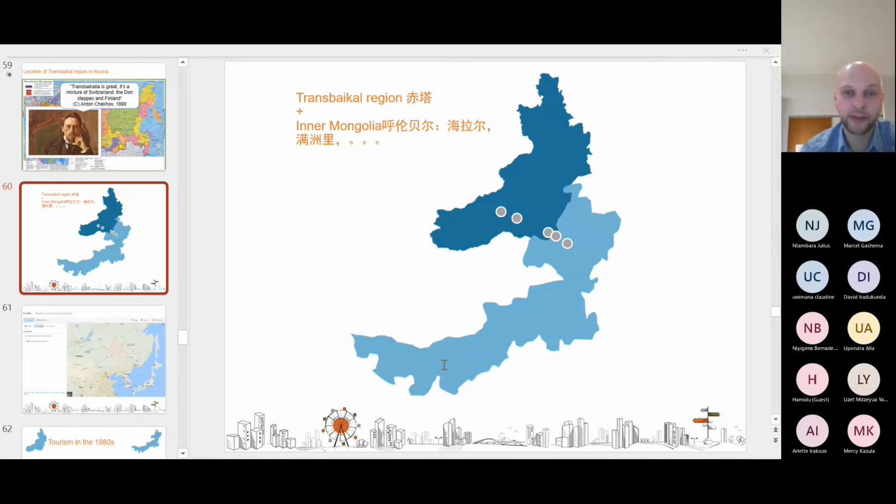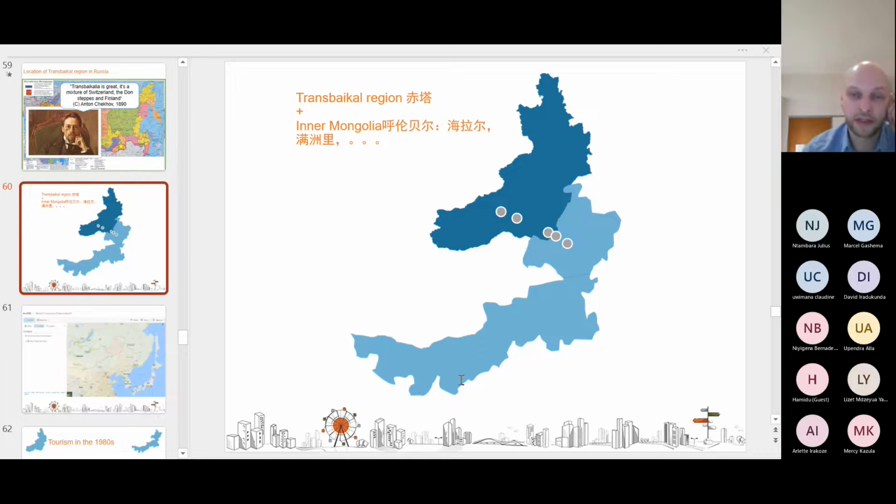Also, one more fact about the Transbaikal region. Can you imagine, from 1920 to 1922, Chita was the capital of an independent country called the Far Eastern Republic. It was a sovereign and independent state located between Japan and the Soviet Union.